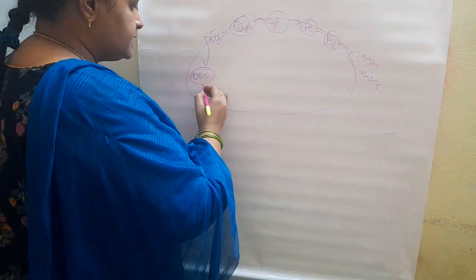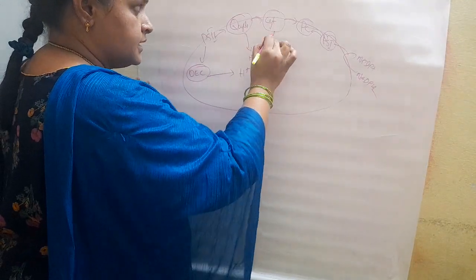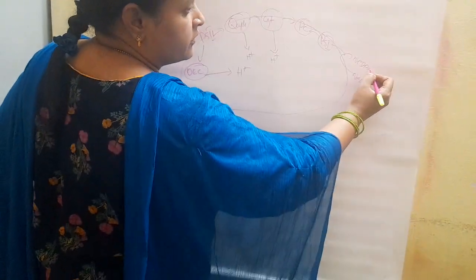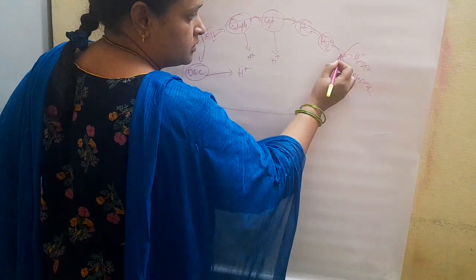So during the OEC complex splitting of water molecules, some hydrogens are released, and from the Q cycle also some hydrogens are released, and from the cytochrome B6F complex also some hydrogens are released.